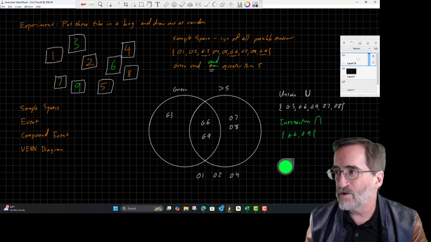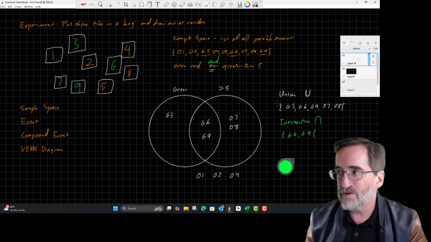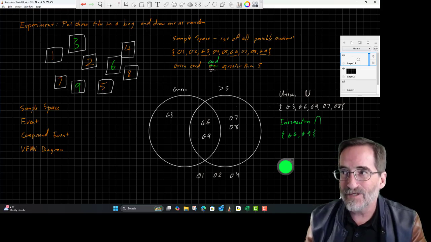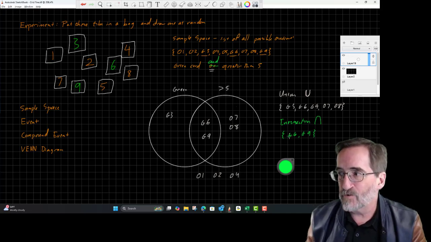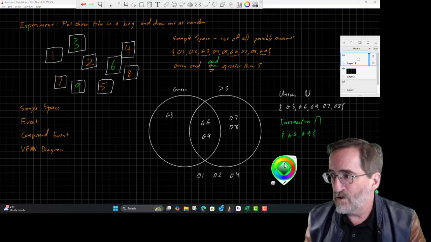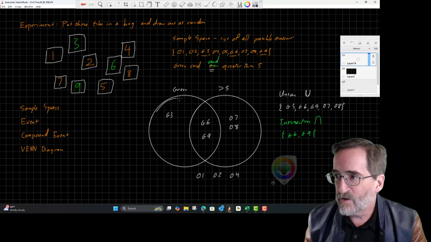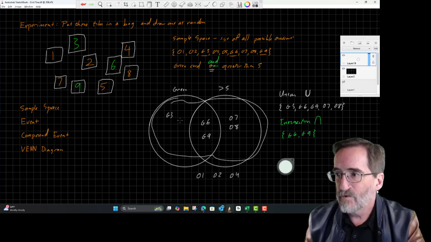So union uses the word or, and either can be true to be included in the set of the union. The intersection uses the word and, and both must be true in order for them to be included in the set. In the case of the union, anything that's in either circle gets included.